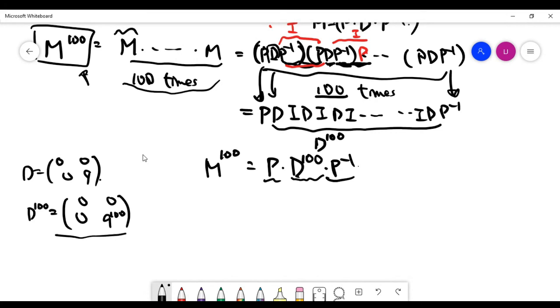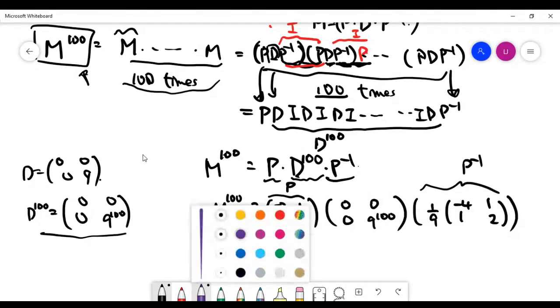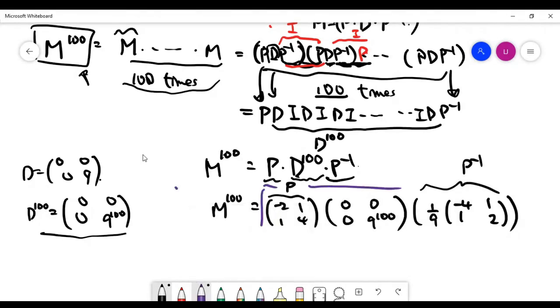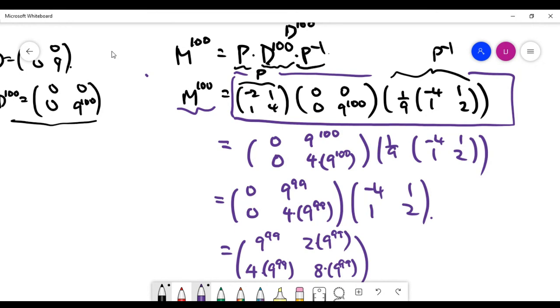So you get such a matrix. It means that M to the power 100 is the same as this. If you multiply it out on your own, you will get this matrix. I'll just write down the answer here. I trust that you're able to do the matrix multiplication on your own, so you can check that my matrix computation is correct. And that's the end of this video.